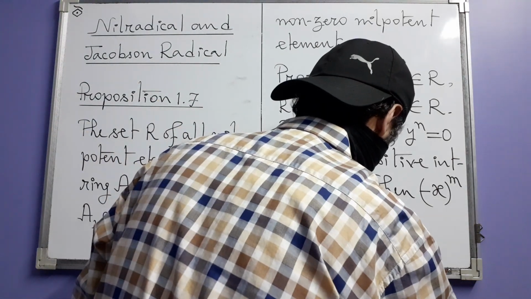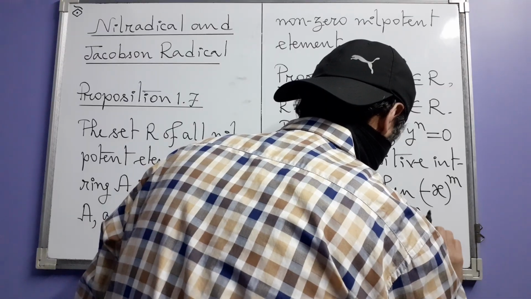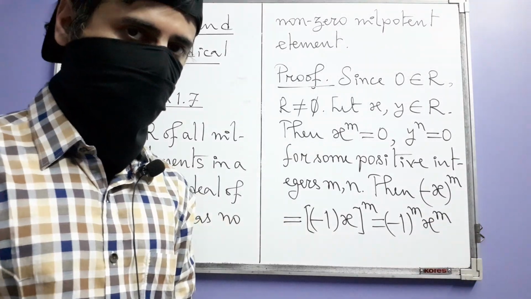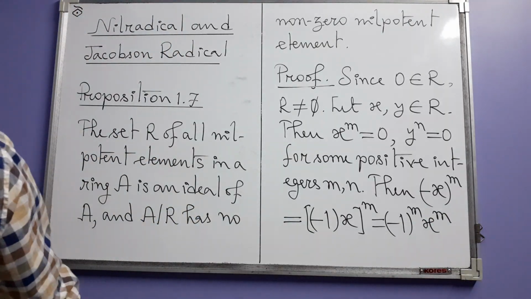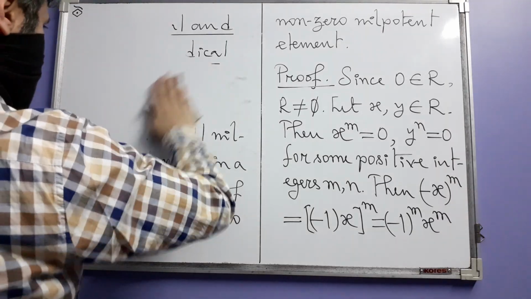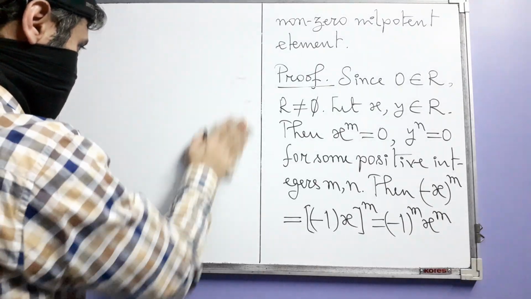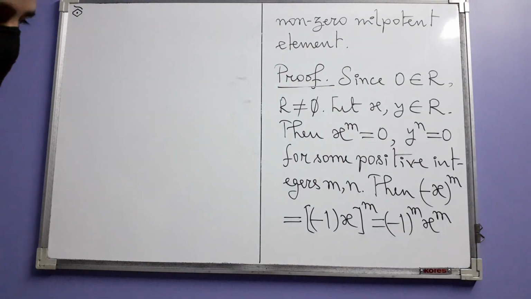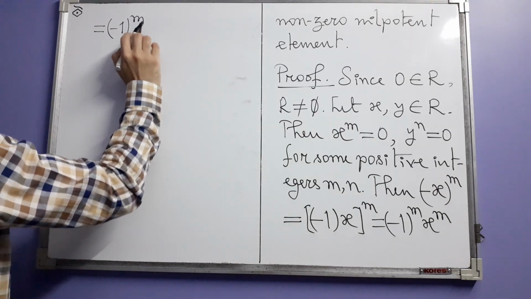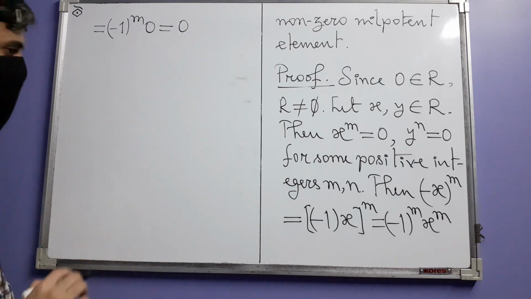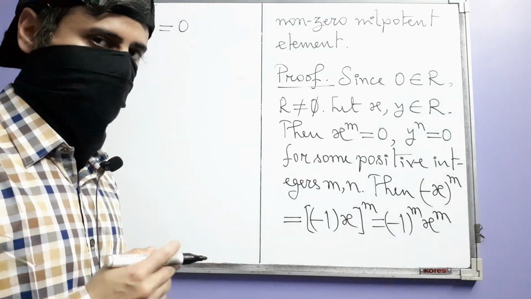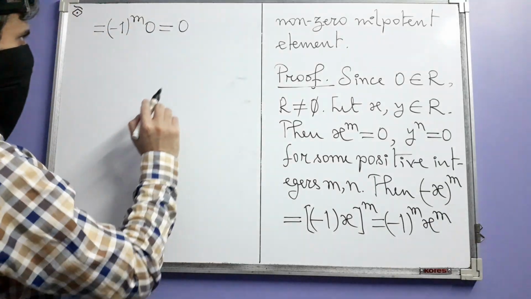That is why you can write like this. Now x to the power m is 0, so it's going to be 0 ultimately. Which in a ring is 0. That means just like x, a power of minus x is 0, where the exponent is a positive integer.